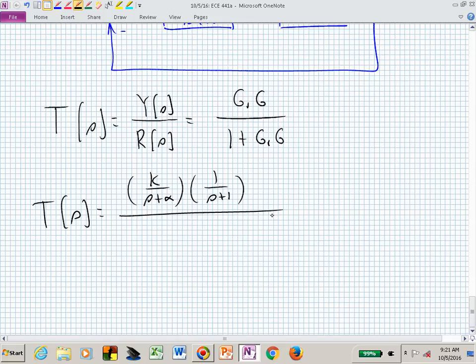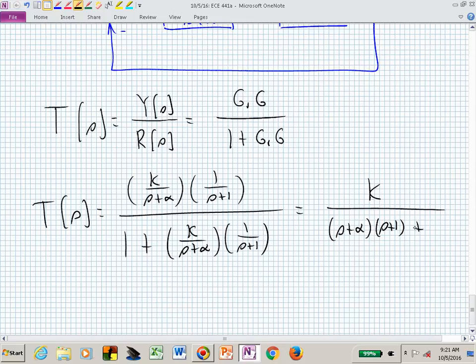Here's G. Now we have 1 plus G1 G. We can get a common denominator in the numerator and the denominator, and those then cancel, and we're left with K in the numerator over (S plus alpha)(S plus 1) plus K, where the (S plus alpha) times (S plus 1) is coming because we had to get a common denominator in the denominator, which means that we're just rewriting 1 as that ratio of (S plus alpha)(S plus 1) over (S plus alpha)(S plus 1).